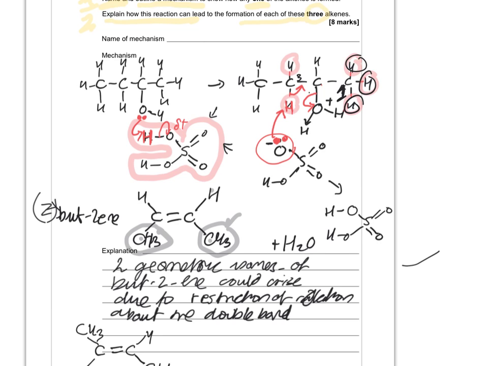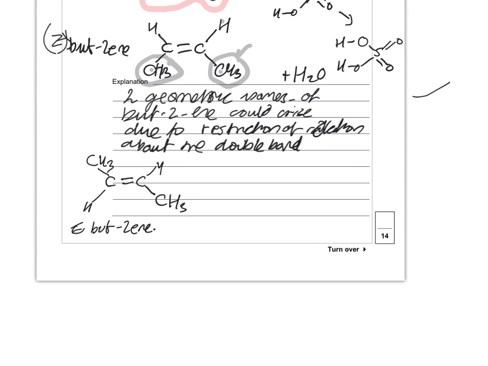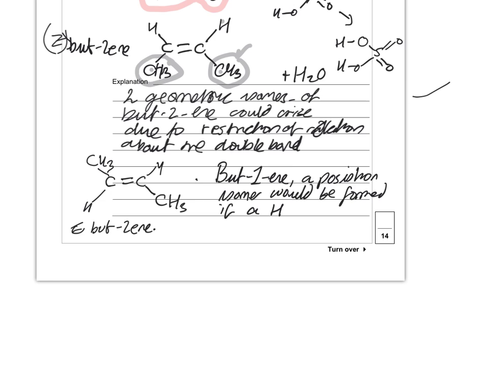So let's tell the examiner that. But-1-ene, a position isomer, would be formed if a proton or a hydrogen was lost from carbon 1.